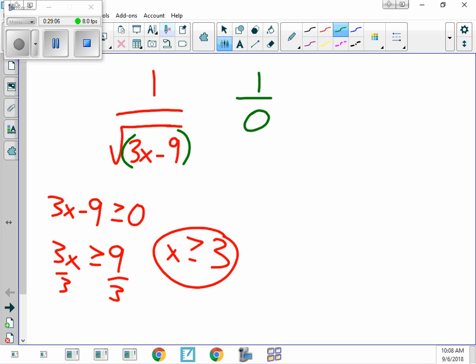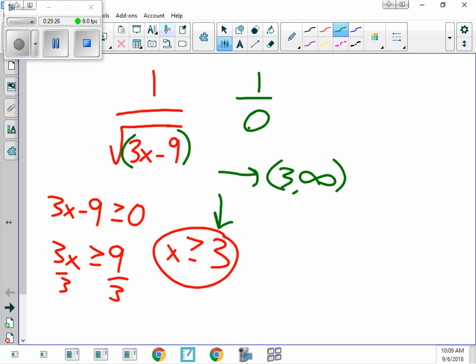Are there any numbers in this group that will make the bottom 0? 3. So it can't equal 3. So the answer is going to be 3 to infinity, like that. Yeah, so this will be your answer.